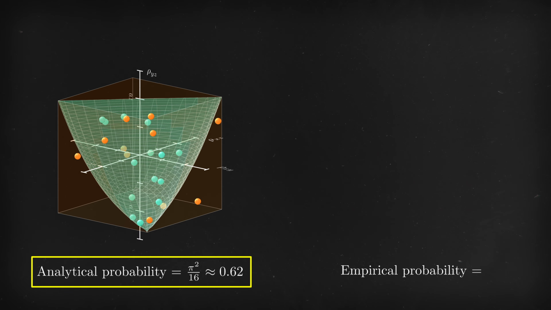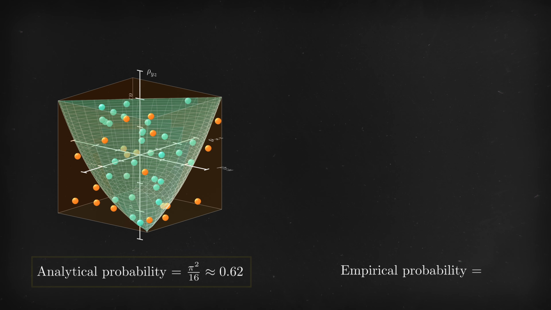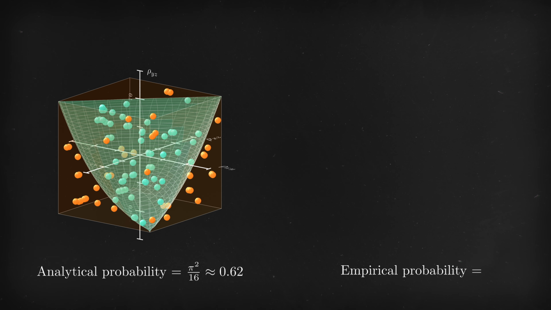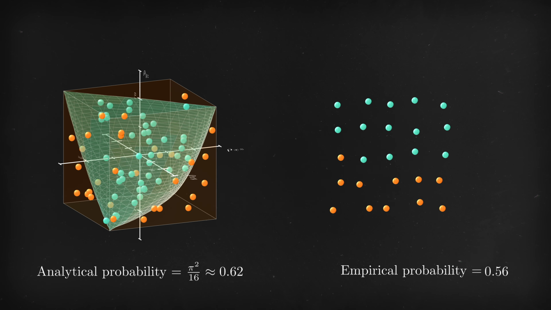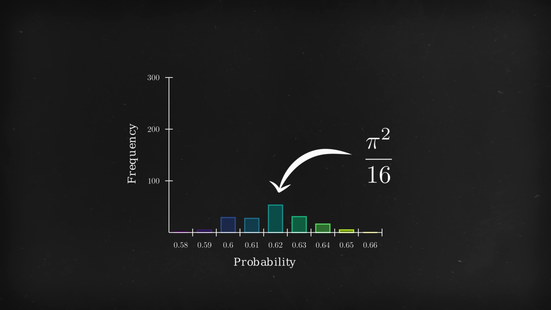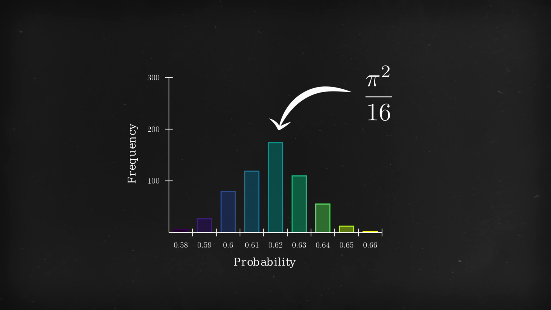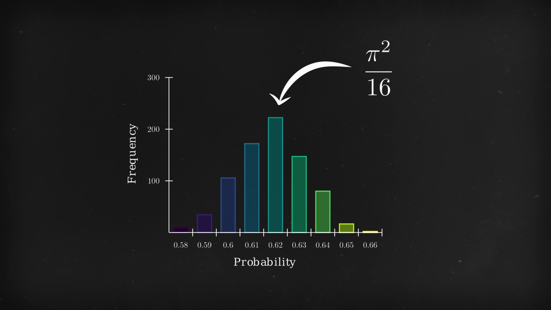On average, this value should match our analytical result of pi squared over 16. By taking larger samples over more iterations, we build a sampling distribution with a mean that settles around our analytically derived value.